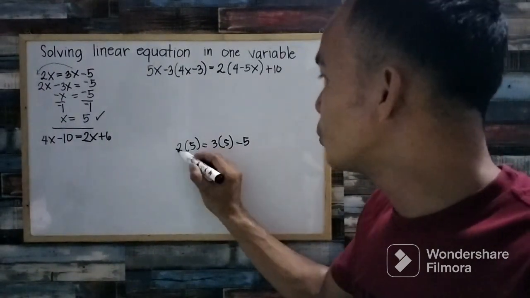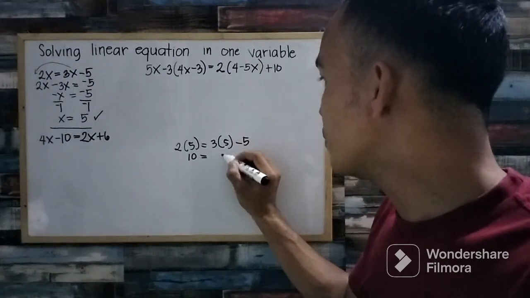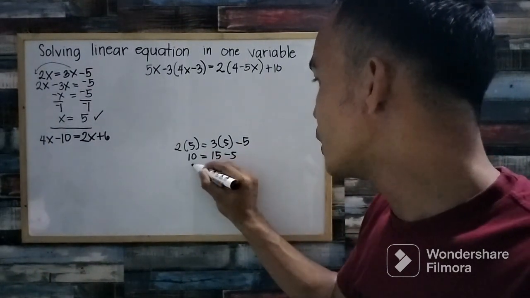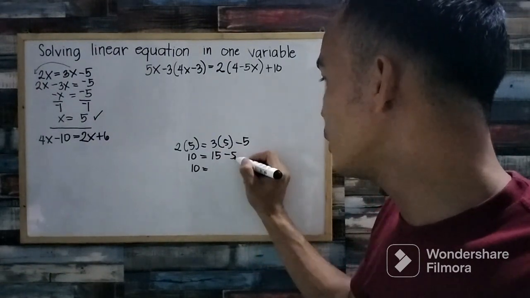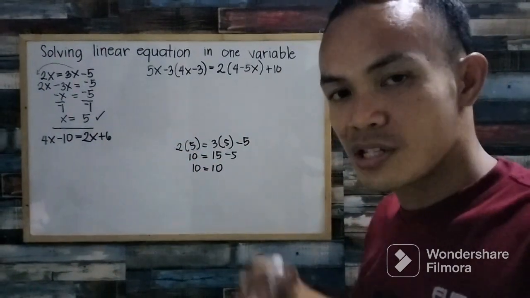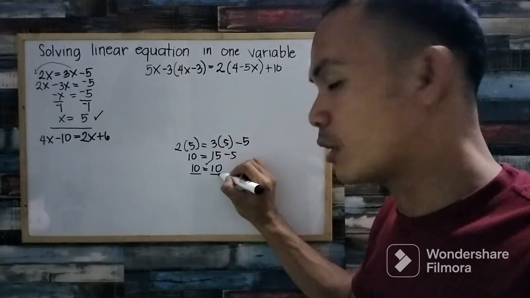Alright, and then 2 times 5, that is 10, is equal to 3 times 5, that is 15, then minus 5, so that is 10 is equal to 15 minus 5, that is 10. So that means our answer here, which is 5, is correct because we have 10 is equal to 10.